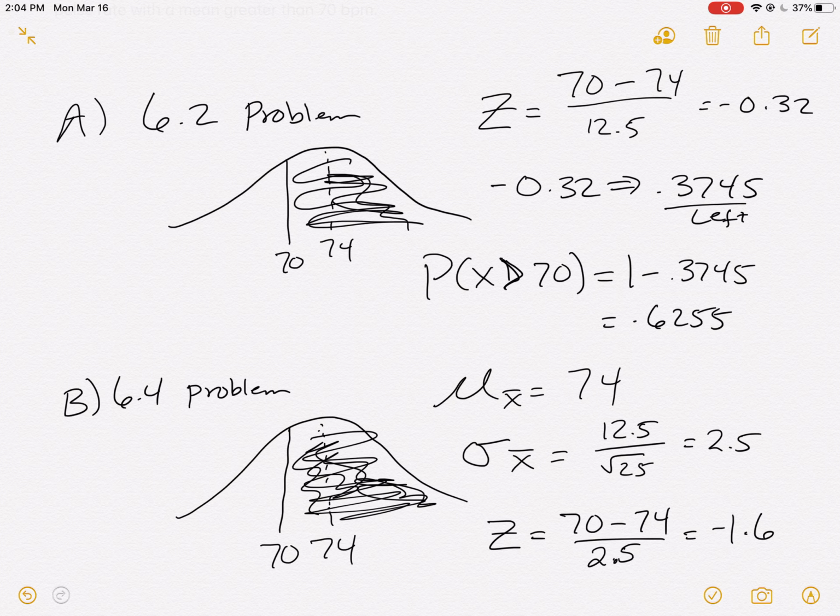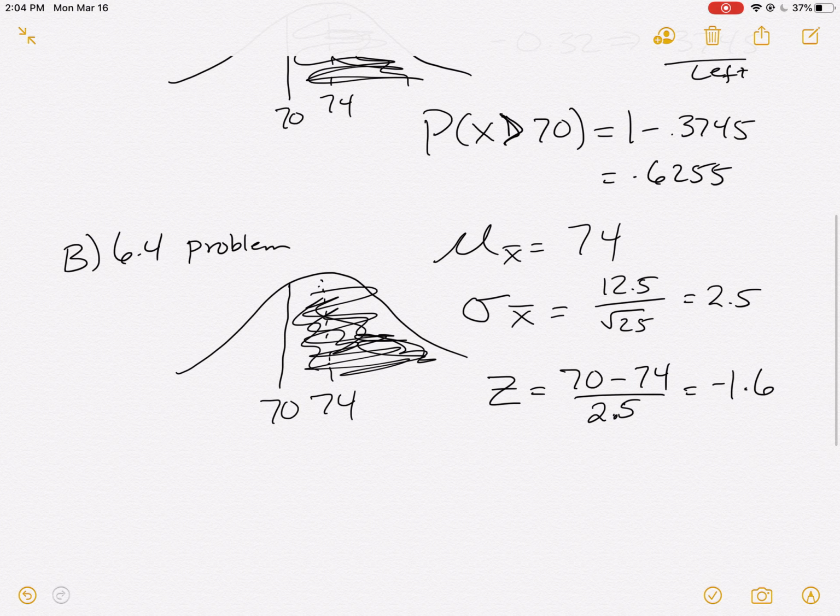So we do the exact same thing. We go look up the negative 1.6 because that's the value that we're going to get in there. I'll call it 1.60 to remind myself to look it up on the outside of the chart. And negative 1.60 corresponds to 0.0548.